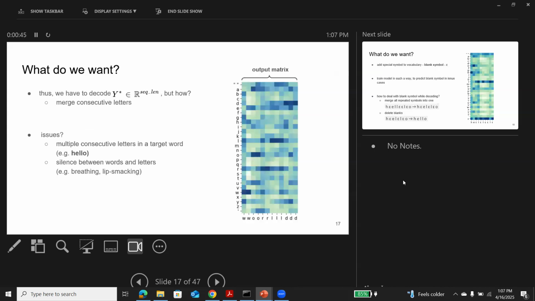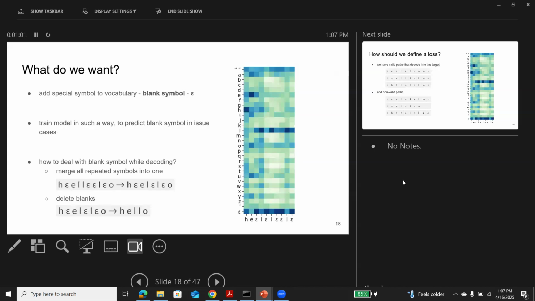But the problem is that some frames correspond to the same character, and we have repeated characters. And to fix this problem, we can train our model to return a blank symbol.